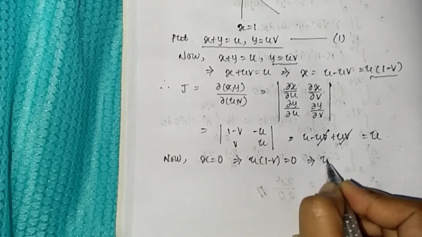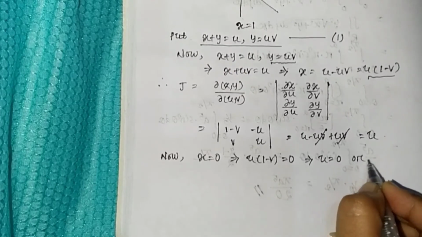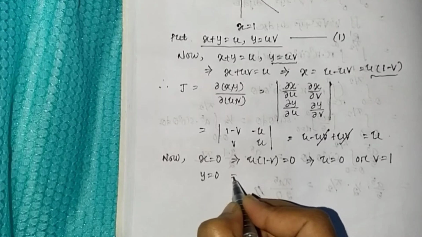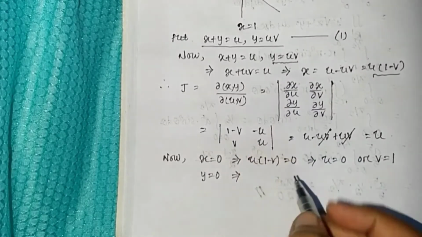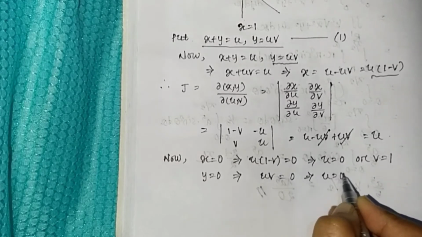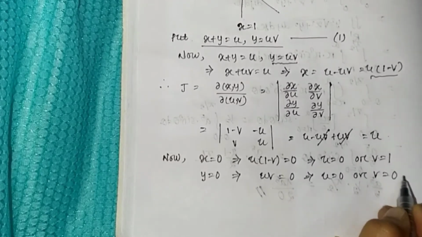That implies u equal to 0 or v equal to 1. Then next put y equal to 0. For y equal to 0, we get uv equal to 0. That implies either u equal to 0 or v equal to 0.